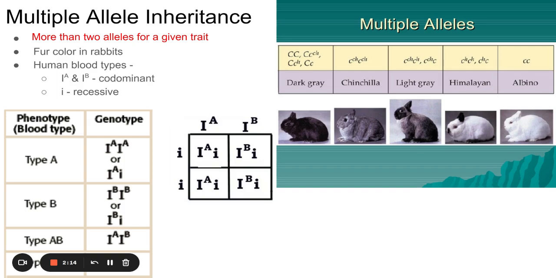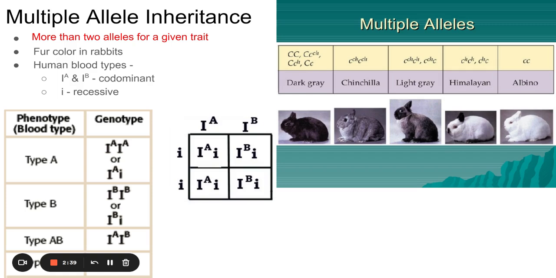It can be completely white, or it can have these other in-between variations. That's because, as you see up here, there's at least 3 different genes in the rabbit's chromosomes that determine its fur color. Chinchilla isn't a color. Yeah, it is an animal, but it's also the name for that type of rabbit.